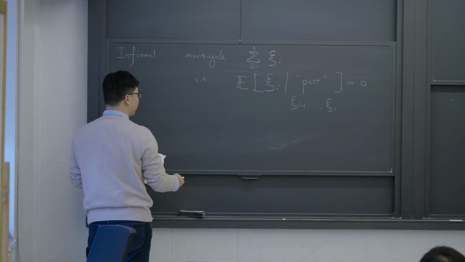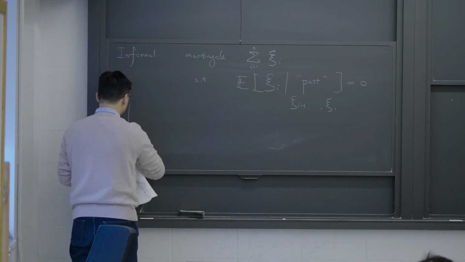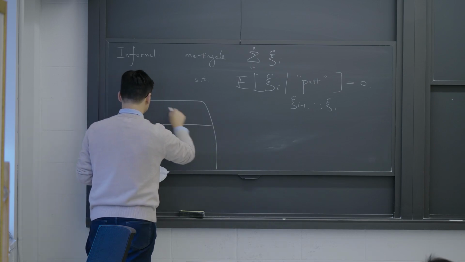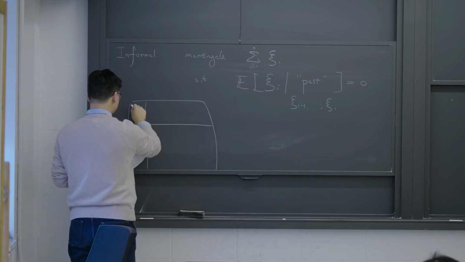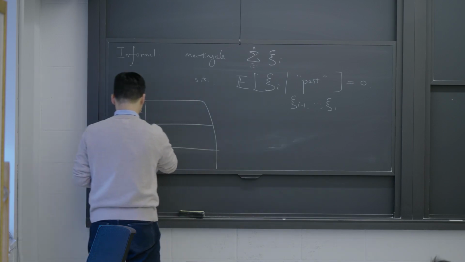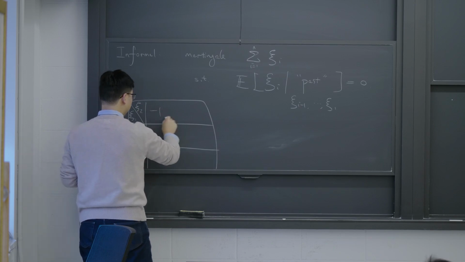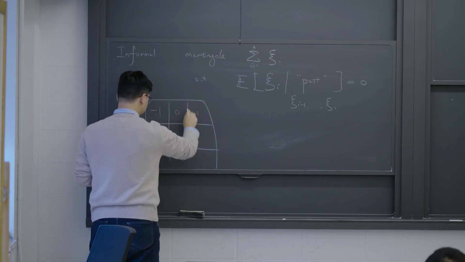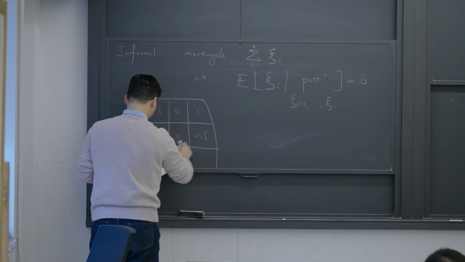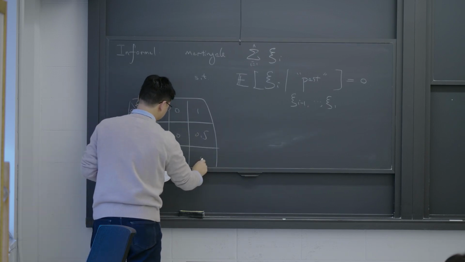In the last lecture, we already saw the example where we have this probability matrix, Xi2 versus Xi1, with values -1, 0, 1 and entries 0.5, 0, 0.5, 0, 1, 0.